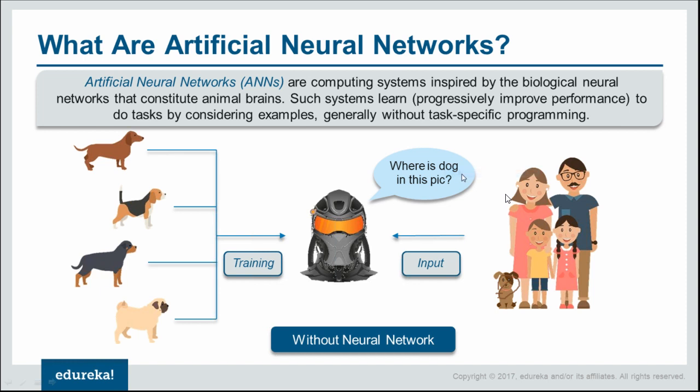But if we train our model with a neural network and with the same images, then not only will it be able to classify these dog images, but also some other dog images which might not look exactly like them. So this is the beauty of neural networks.